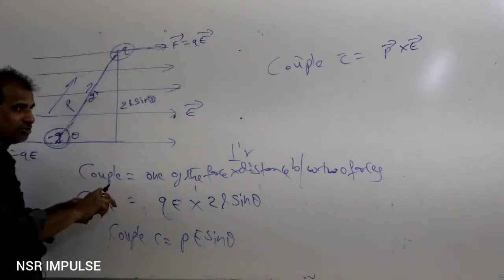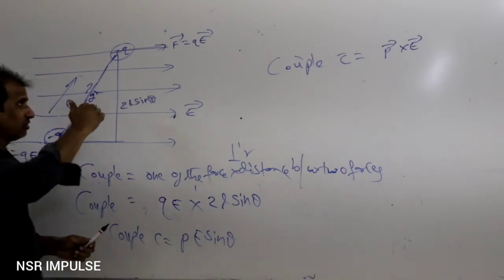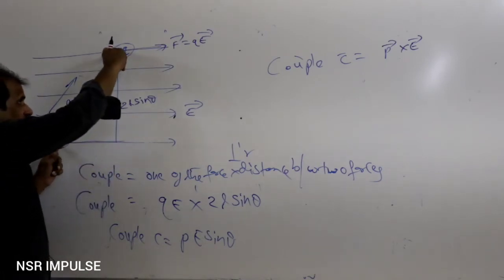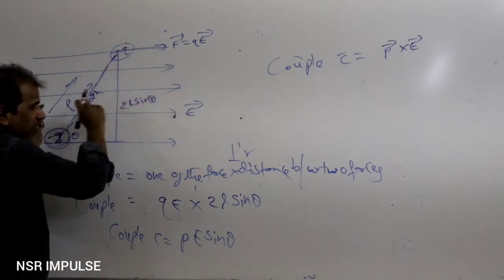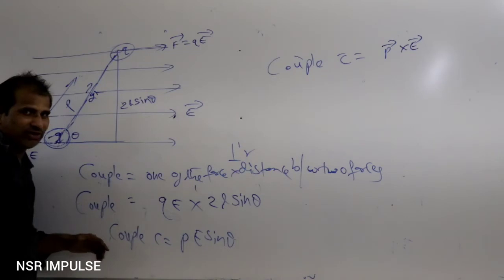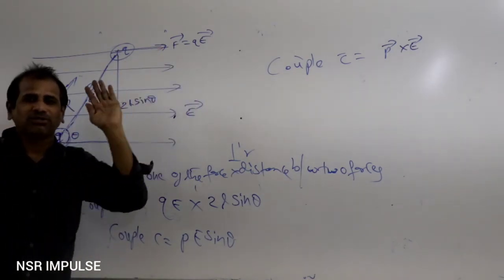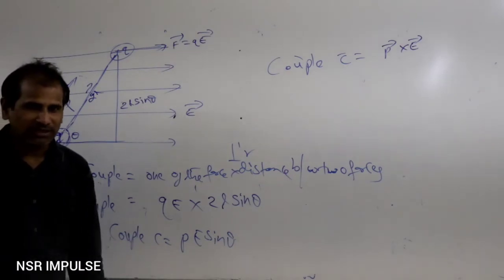In what direction does it rotate? According to the curl rule, it is going to get rotated in the direction of the electric field. Finally, its intention is to come parallel to the electric field. That is the purpose of the couple acting on that particular dipole.